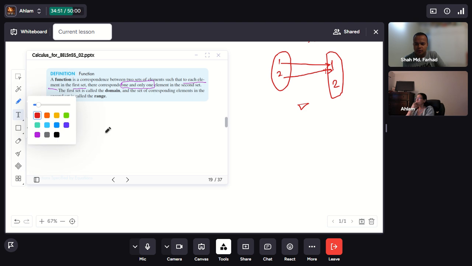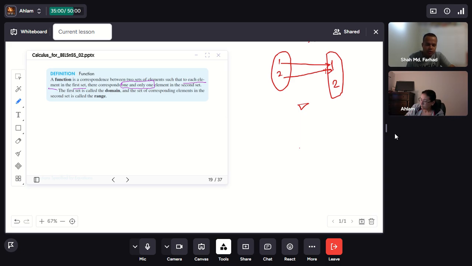So here, basically, since we have said that we can compare a function with a machine, in different factories there are some outputs. From here, we have 2 here, and that will not matter.